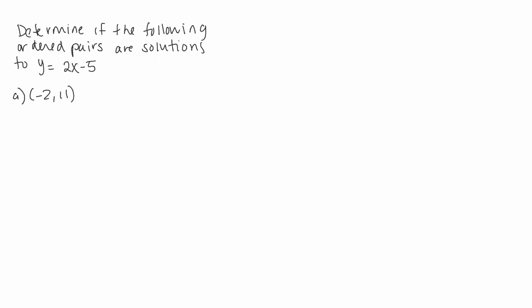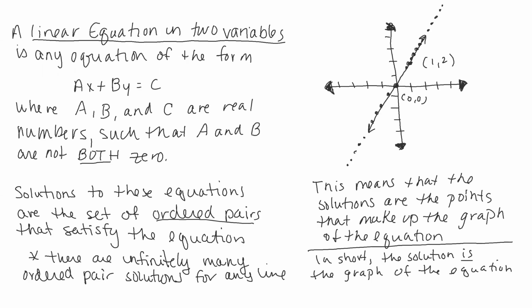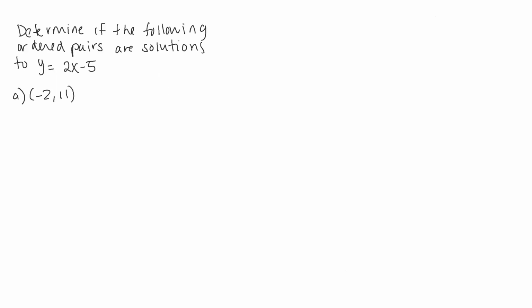Now, if we go back, we know that the solutions to these linear equations in 2 variables are the set of ordered pairs that satisfy the equation. What we mean by satisfy the equation is if we plug those values into the equation, we get a true statement, okay? So let's say we have y, which is really 11, x, which is really -2.